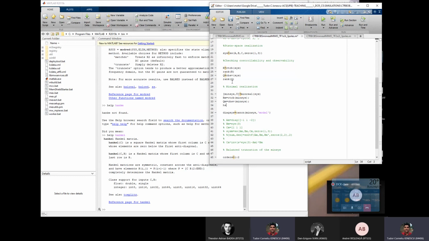Hankel singular values HSV equals eigenvalues eig of RM times. Oh, but these are no. Sorry, I made a mistake. No, I need the Gramians. Sorry, not the controllability and observability. I need the Gramians.